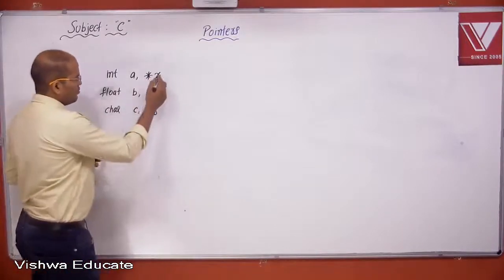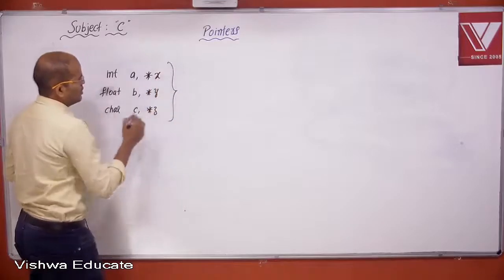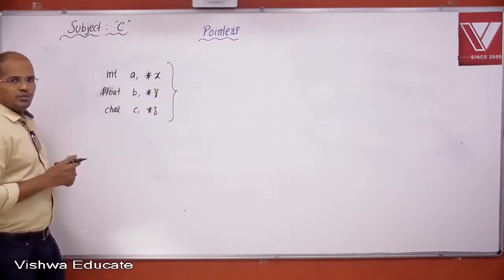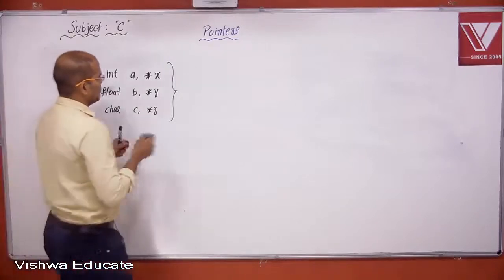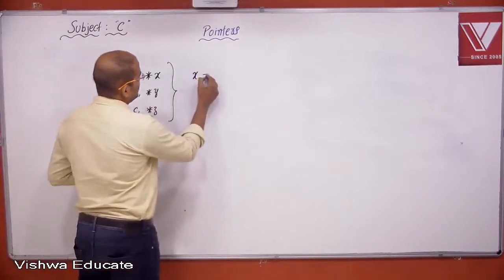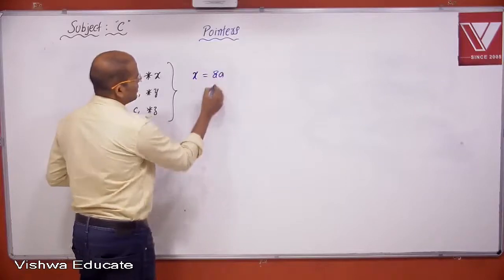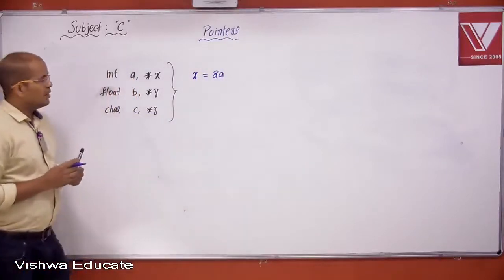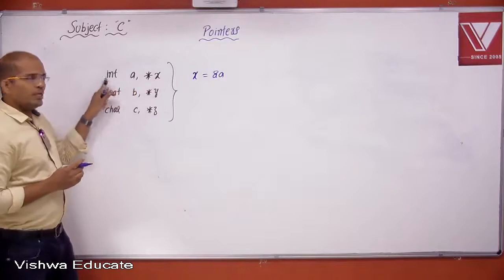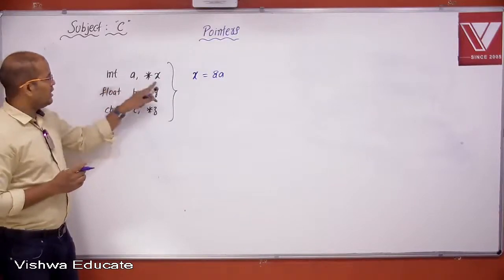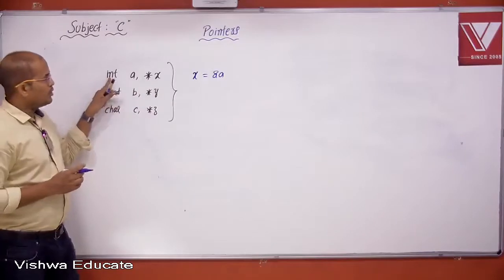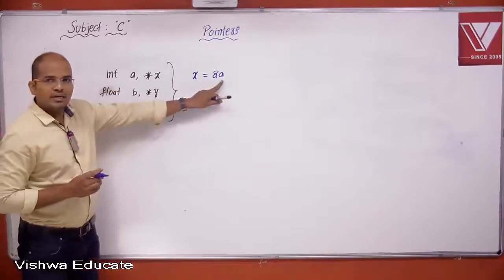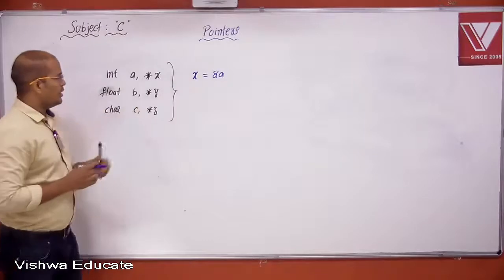Now, based on this, we write a few points. So if I say x is equal to address of a, is it valid? x is an integer type pointer variable, and a is a regular integer variable. So I am storing an integer address in an integer pointer, valid.